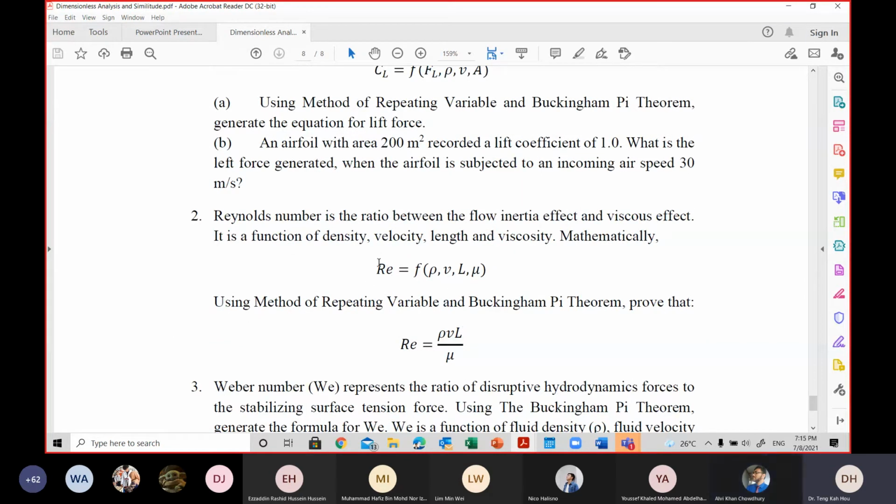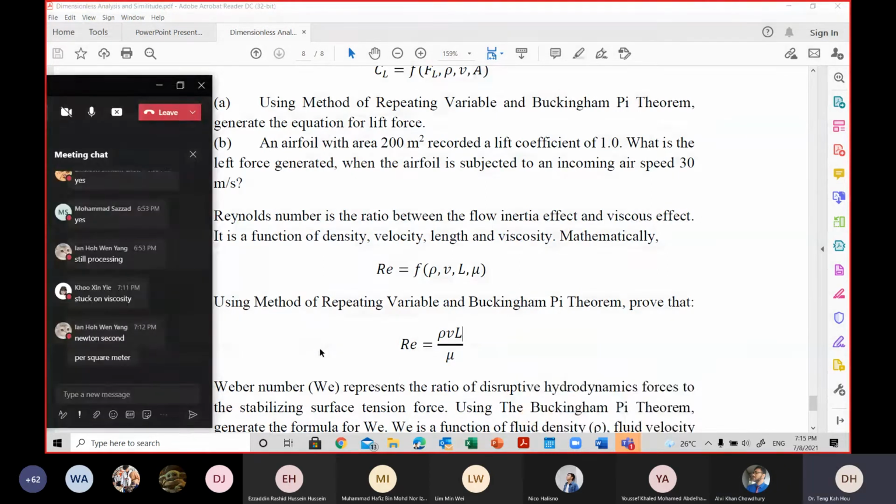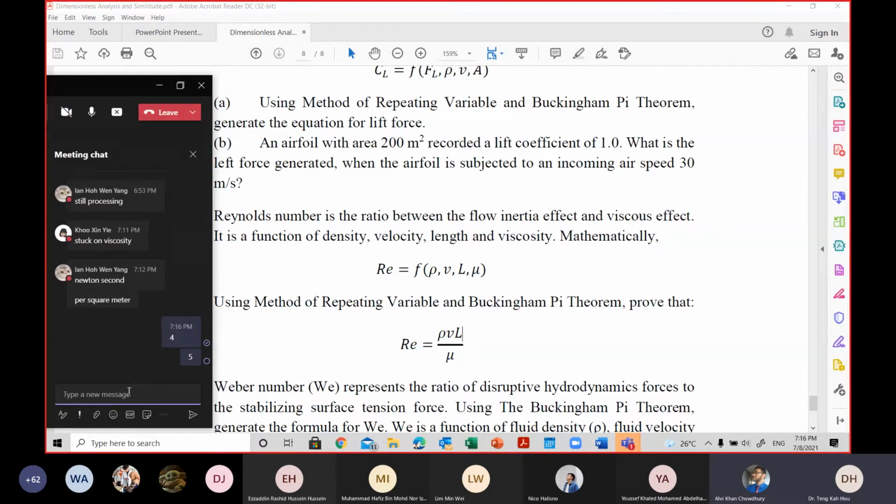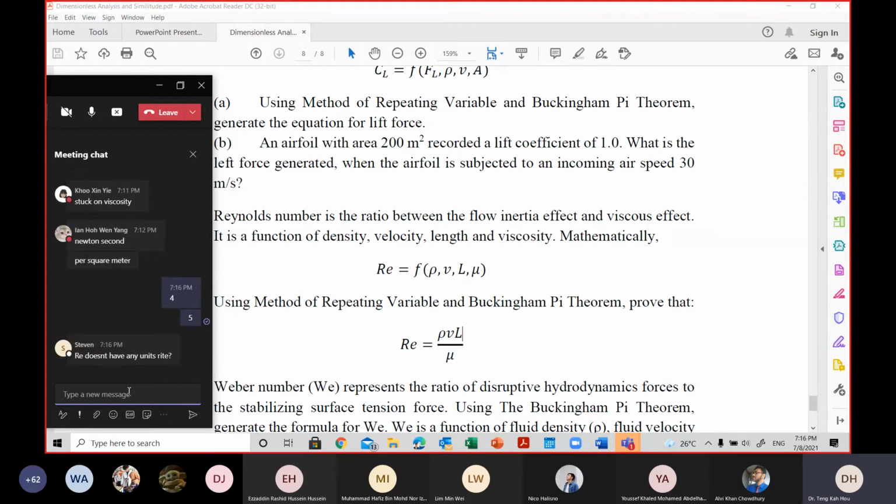How about Re? So, first question: shall it be 4 or 5? Give me a vote. That's why I want to see a response from the class. Is it 4 or 5?